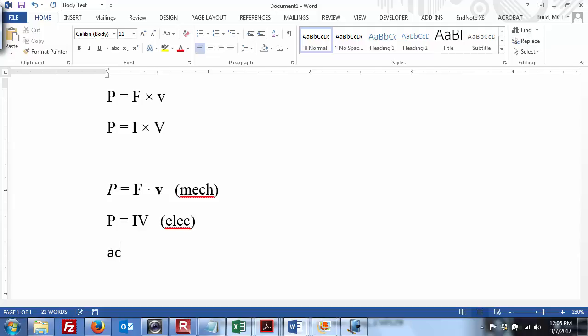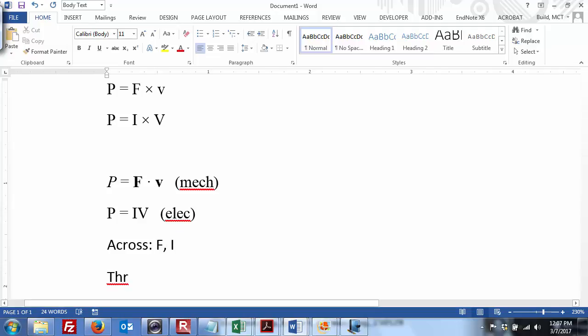And the across variables are force and current, and the through variables are velocity and current.